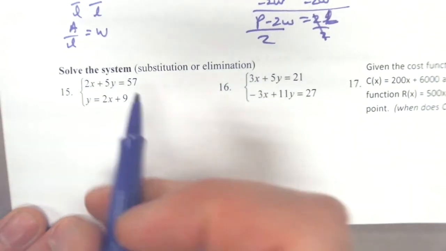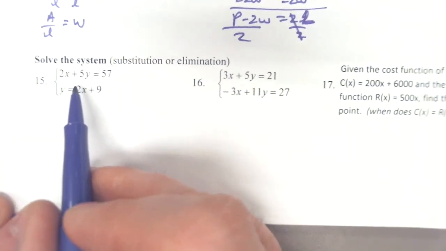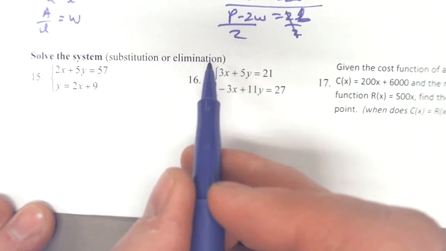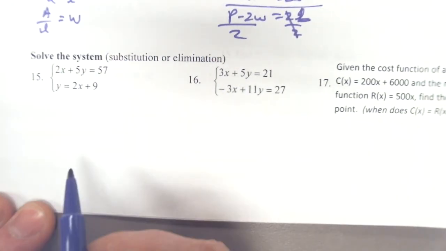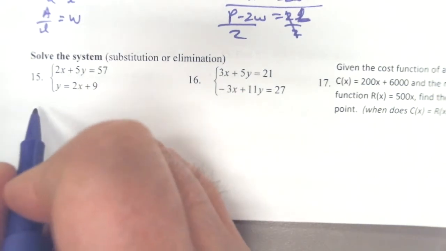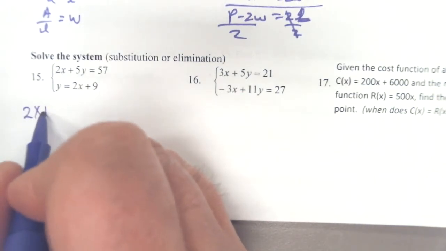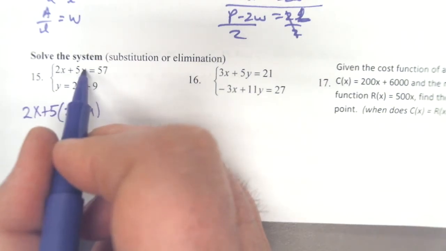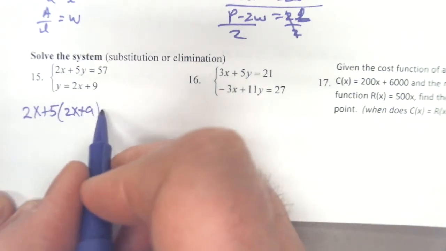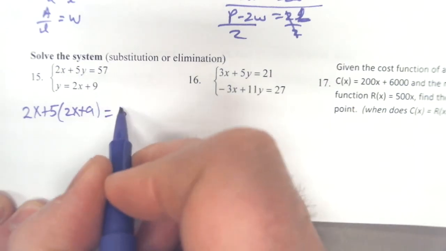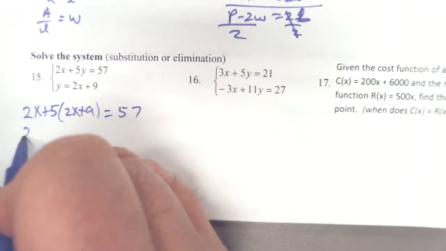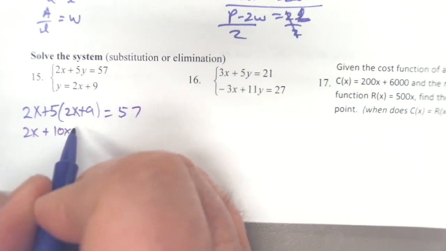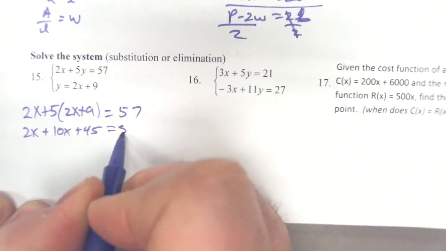For question 15, we're supposed to solve the system of equations by using substitution or elimination. Since y is already solved for, I'm going to use substitution. I get 2x plus 5 times the quantity 2x plus 9 because the y is equal to that, and that's equal to 57. Simplifying, I get 10x plus 45.